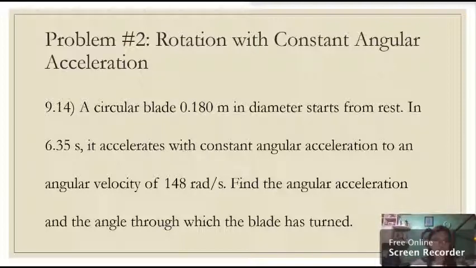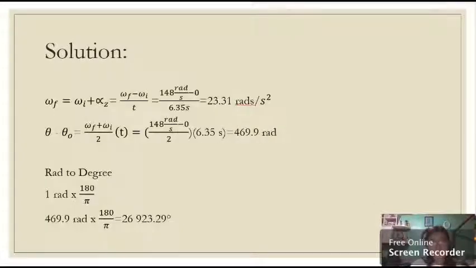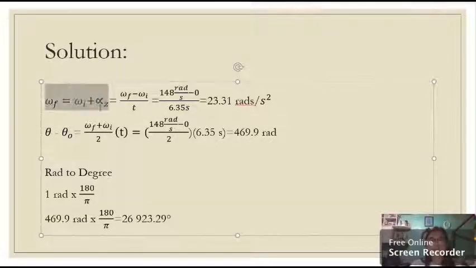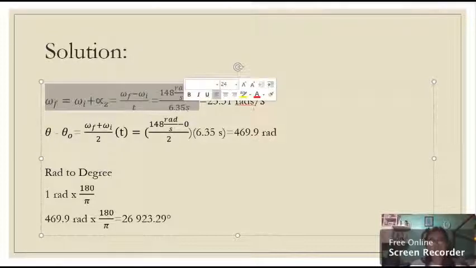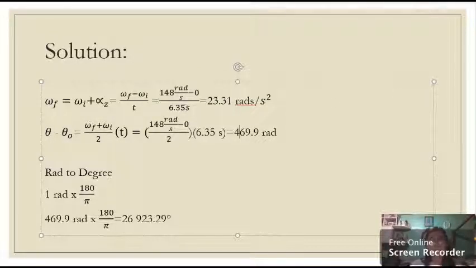So for us to find the angular acceleration, we need to use the constant angular acceleration formula, which is this one. So we got an answer of 23.31 rad per second squared.